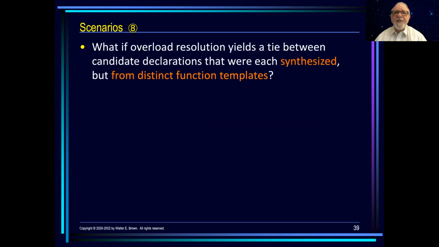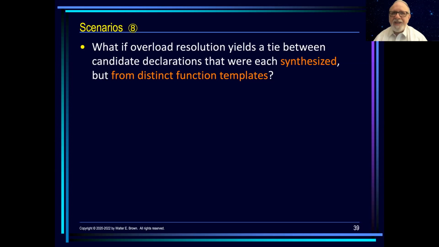What if overload resolution comes up with a tie between candidate declarations that were each synthesized, but from different function templates? Well, ordinarily we'll say we don't have a single best candidate.